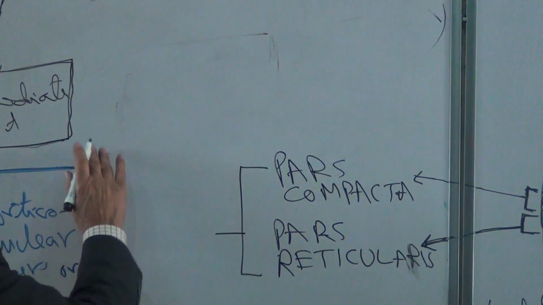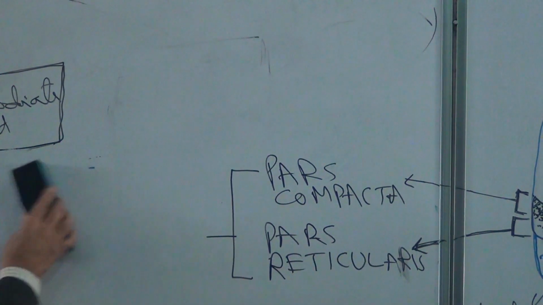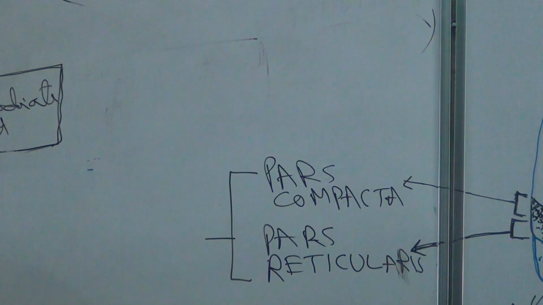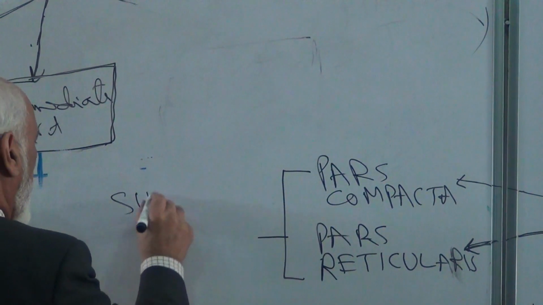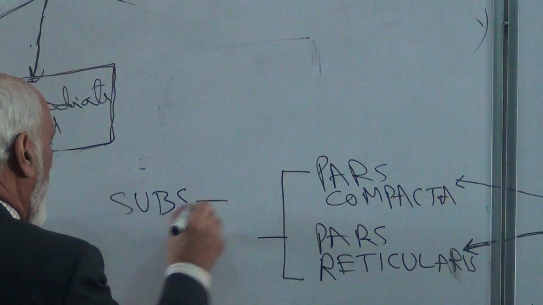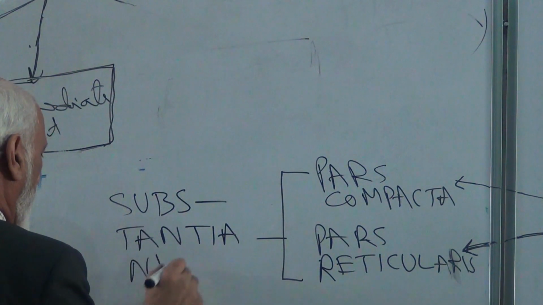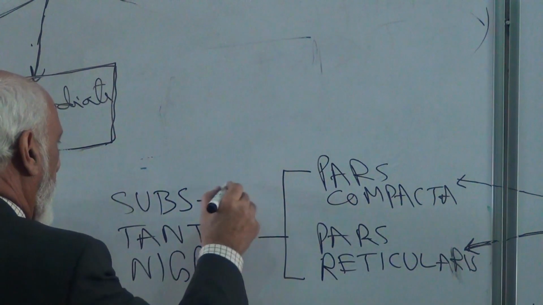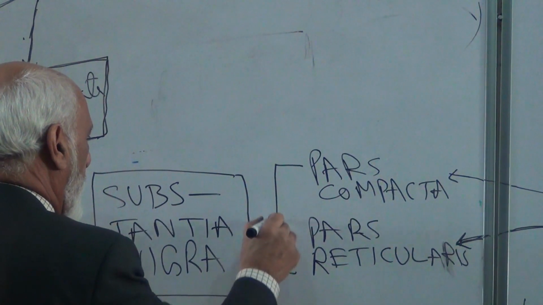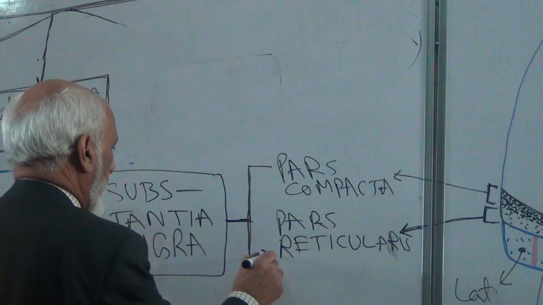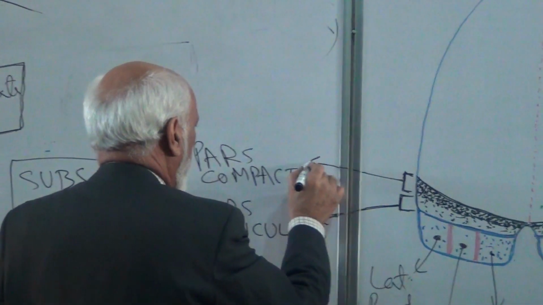This is the substantia nigra. So we divide the substantia nigra into these two parts.